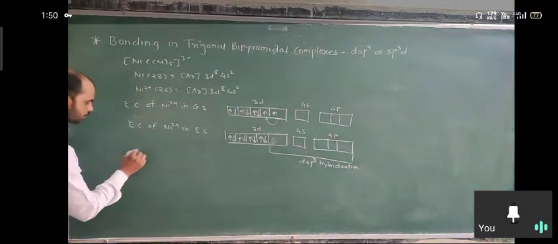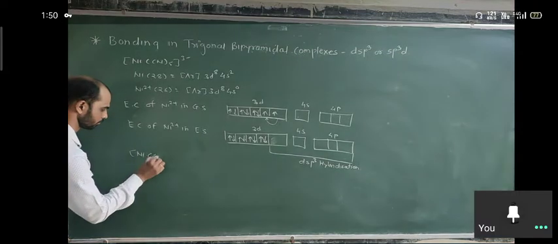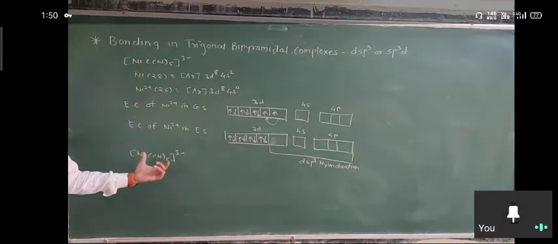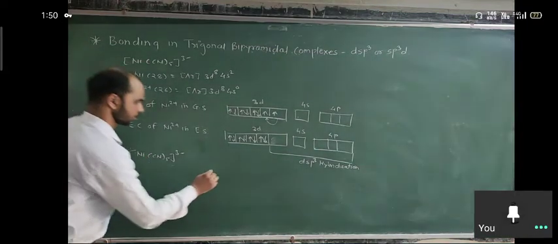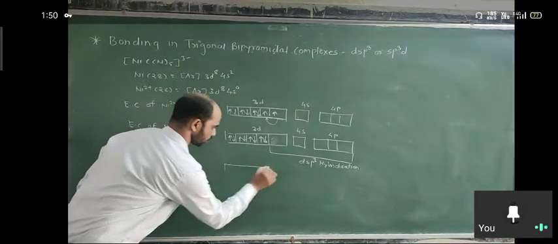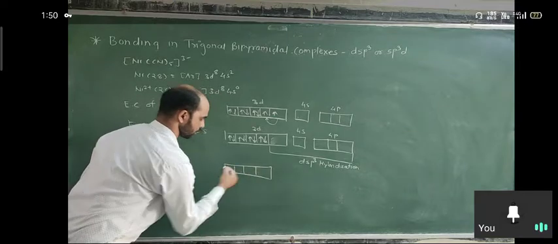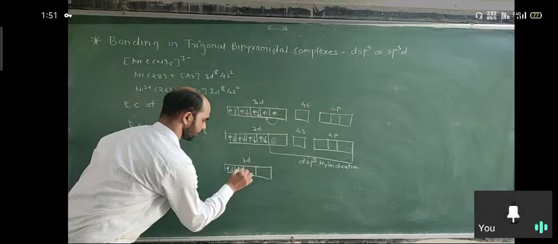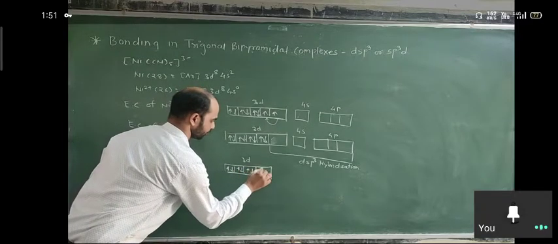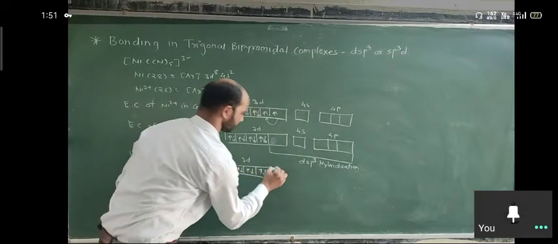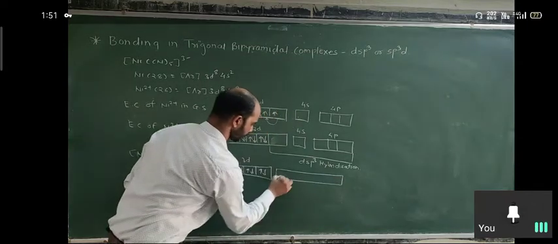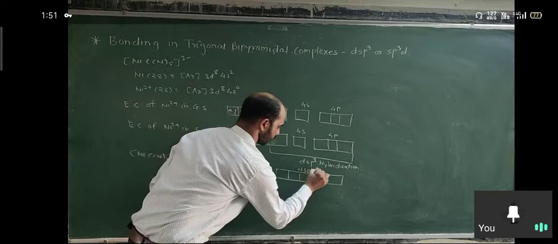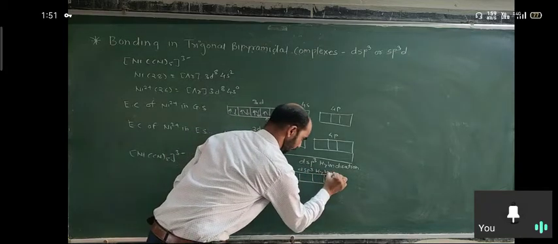So in the complex NiCN5 3 minus, these four are out, or there is the same energy, so 8 electrons in 3d. And this is a set of 5, and we call them dsp3 hybrid orbitals.